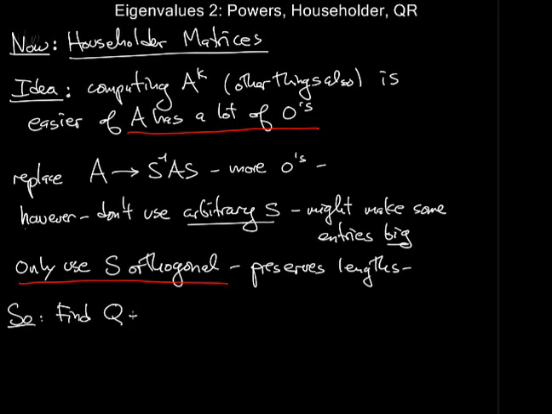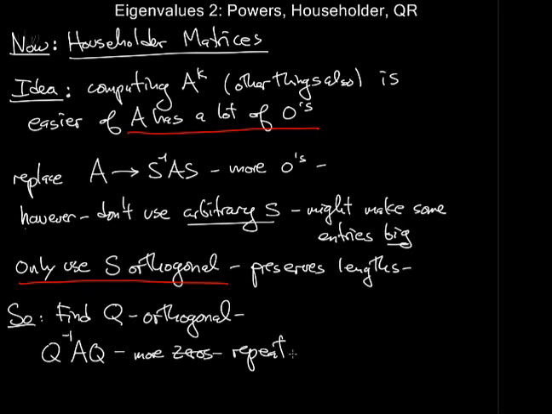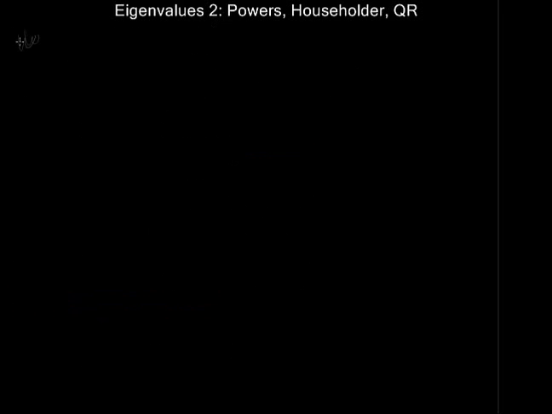So the idea is going to be, given a matrix A, find an orthogonal matrix Q such that Q inverse AQ has more zeros. And maybe you can repeat this and get more and more zeros if you're lucky.